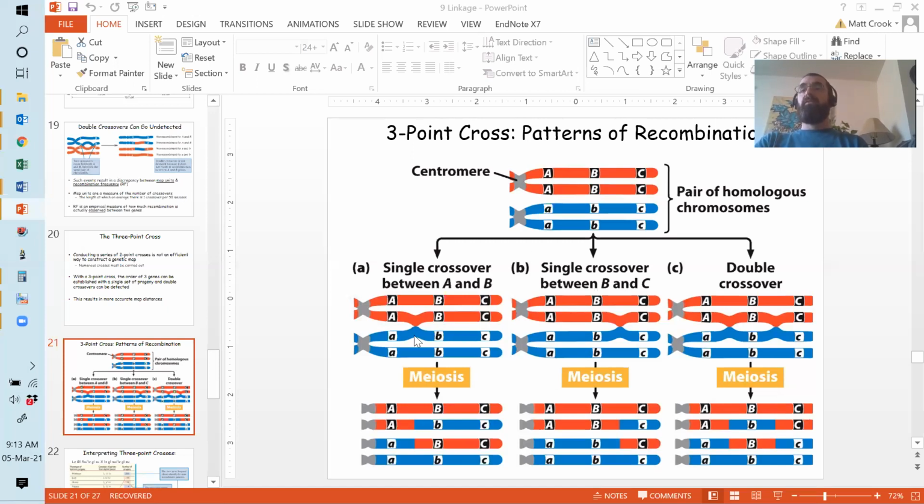Now, if you have a certain probability of recombination between these two and a certain probability of recombination between these two, what is the probability that you'll get a recombination event between both of them? Think about your independent event rule.